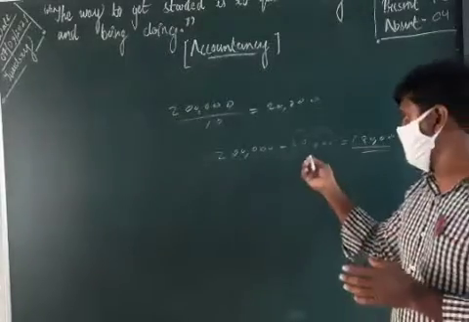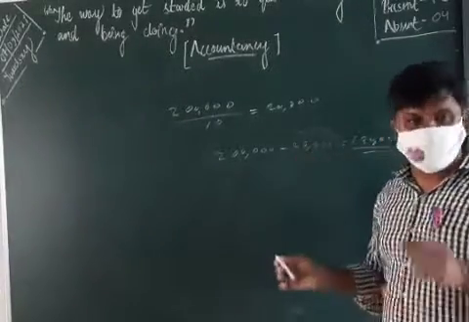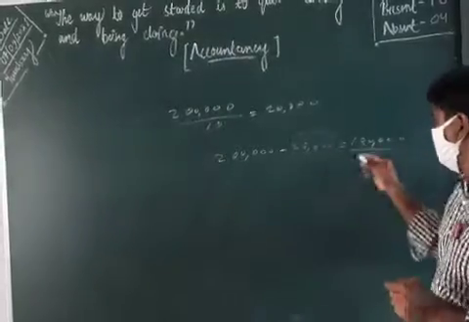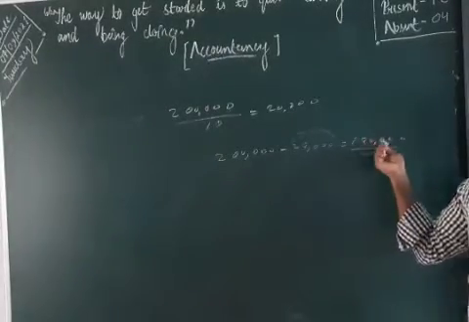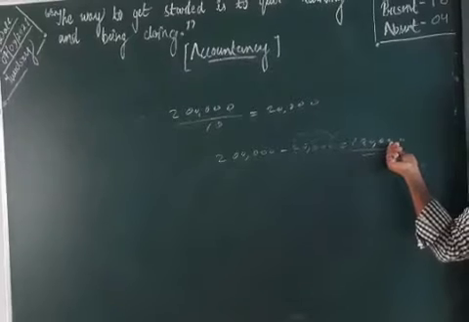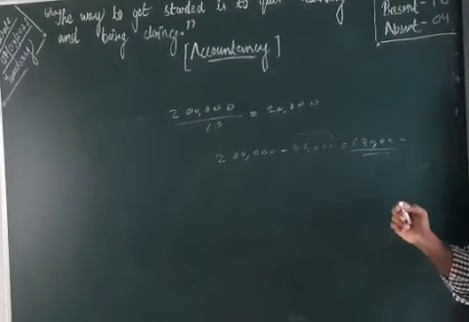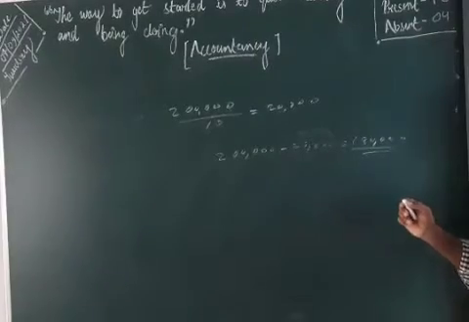We find depreciation at the end of the year only. After reducing the depreciation, the value of the asset is 1,80,000.